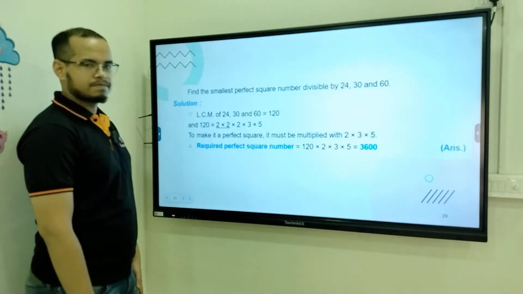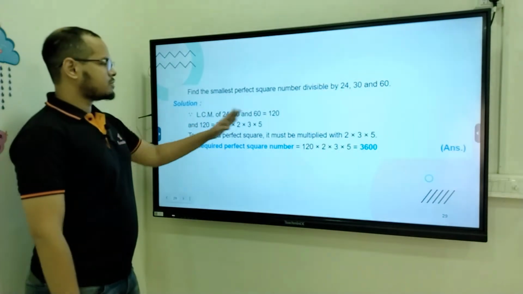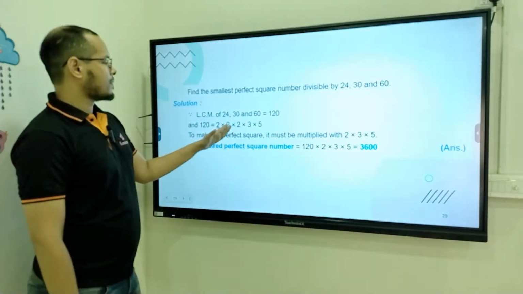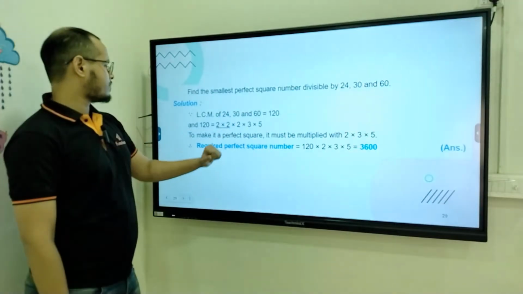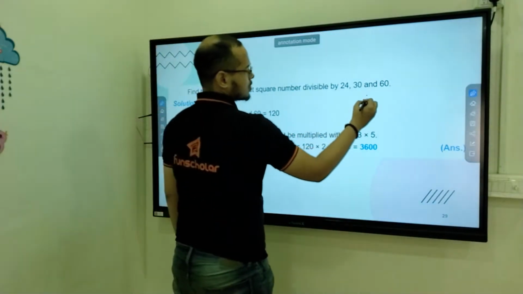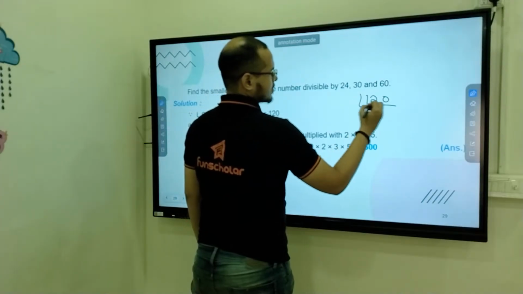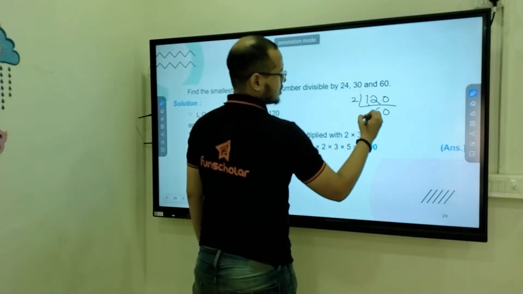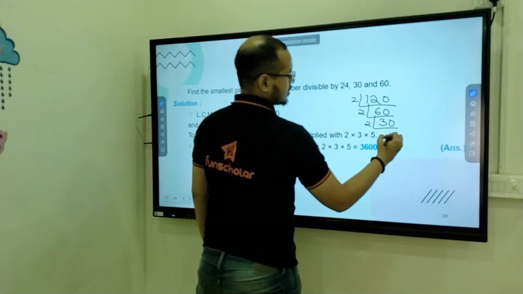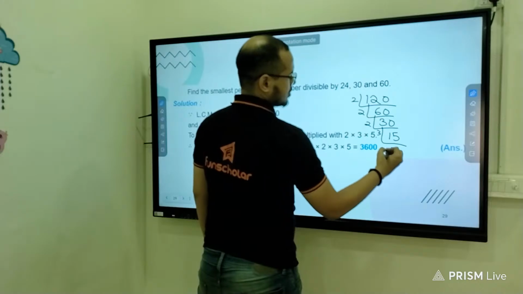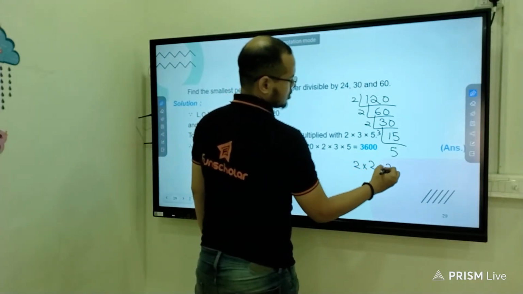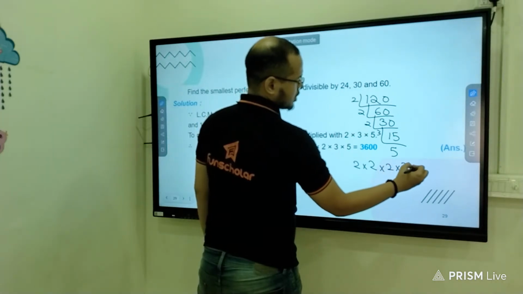As simple as that. Okay, so the LCM of these numbers is 120. 120 is equal to 2 into 2 into 2 into 3 into 5. Now this particular portion: 120 divided by 2, 30, divided by 2, 15, divided by 3, 5. So 2 into 2 into 2 into 3 into 5.